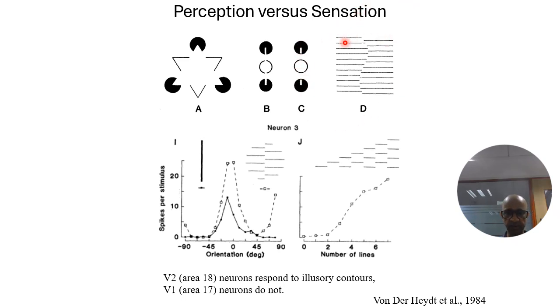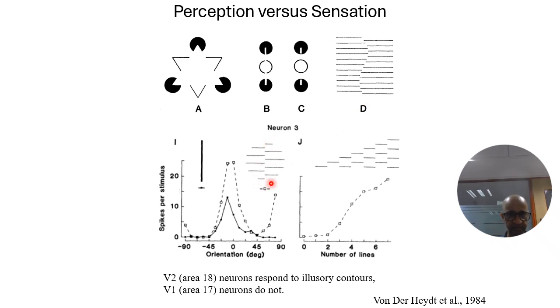Here, for example, you have just a set of horizontal lines. In the primary visual cortex, you'll only see responses to horizontal. But when you're perceiving this, you're actually perceiving more strongly this kind of wave-like contour over here.